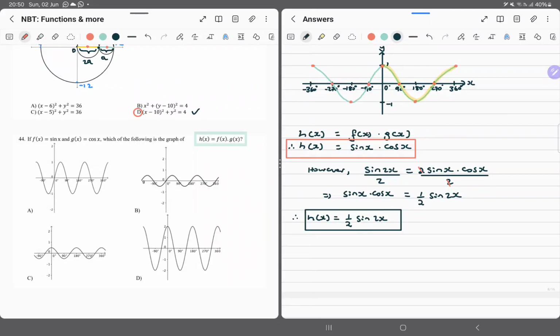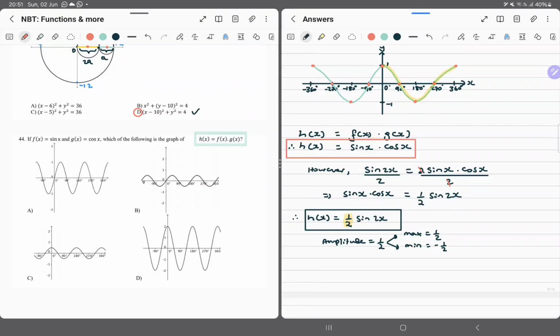So always, guys, remember your trigonometry. Now look at that. The amplitude is a half. So this means our max is going to be at a positive half. Our minimum is going to be at negative a half.